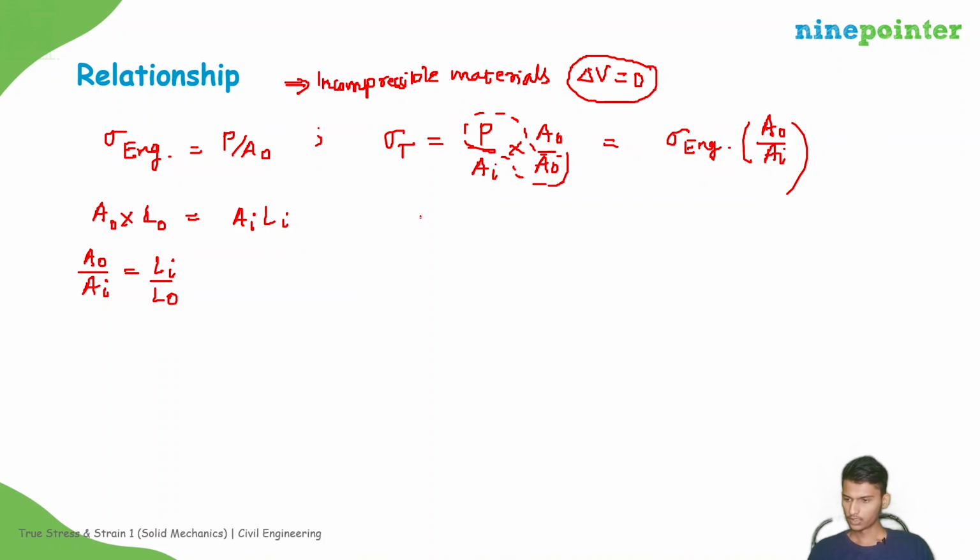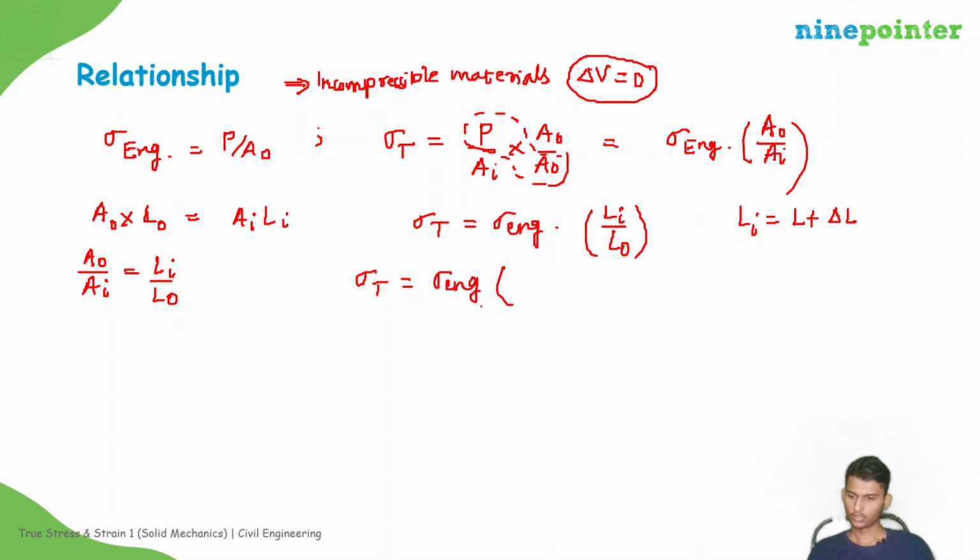So we can write sigma T will be equal to sigma engineering into Li divided by L naught. So what is Li? Li will be equal to L naught plus some delta L. So sigma T will be equal to sigma engineering into L naught plus del L divided by L naught.